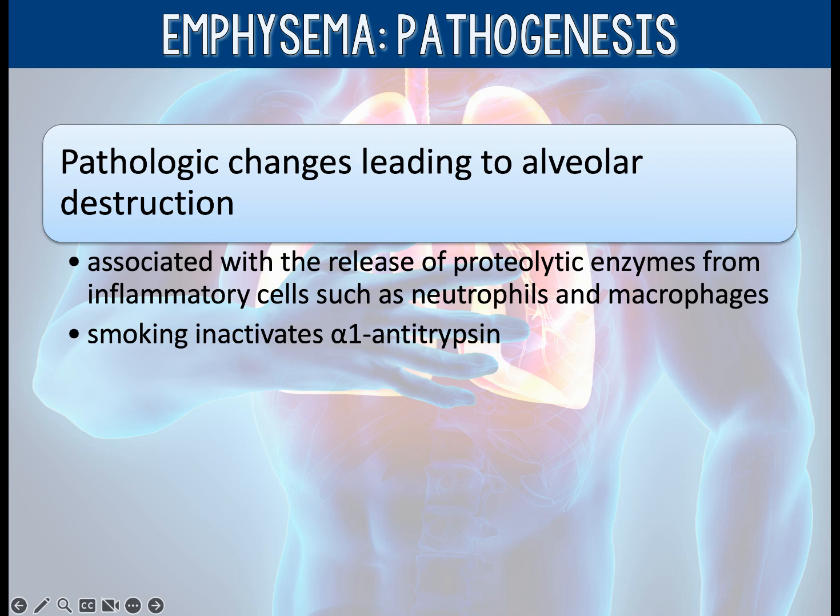So, smoking is commonly associated with emphysema, right? Smoking causes alveolar damage in two ways. It leads to inflammation in the lung tissue, in the parenchyma, and it initiates all these events, like we said here, that release these enzymes that directly damage the alveolar tissue, and then it activates alpha-1 antitrypsin.